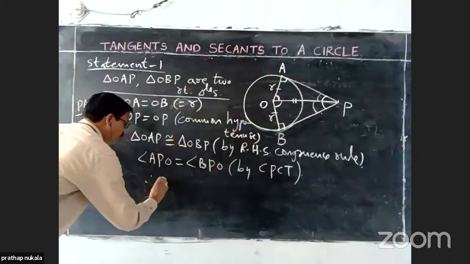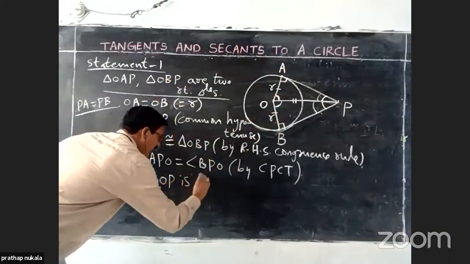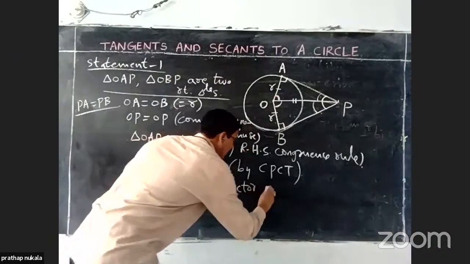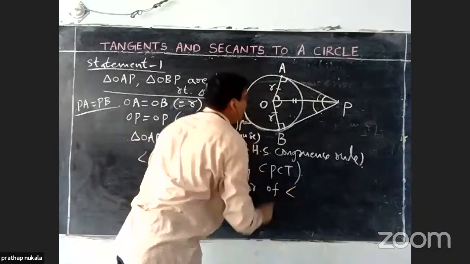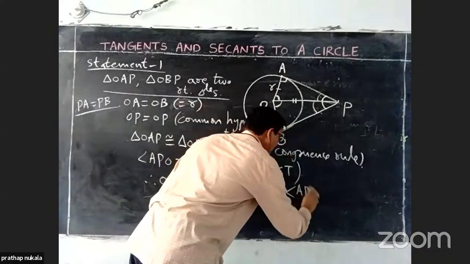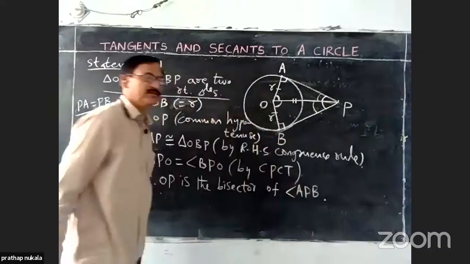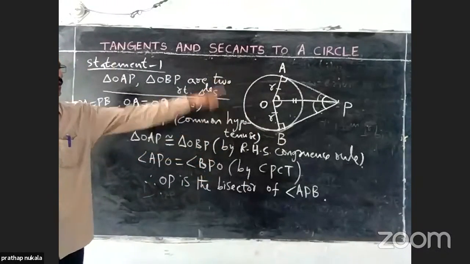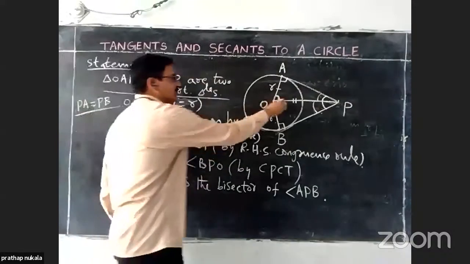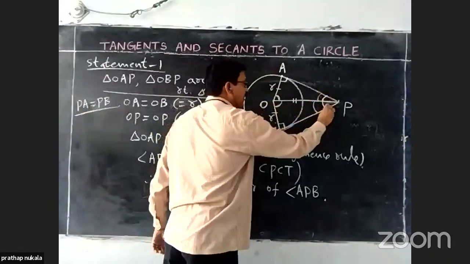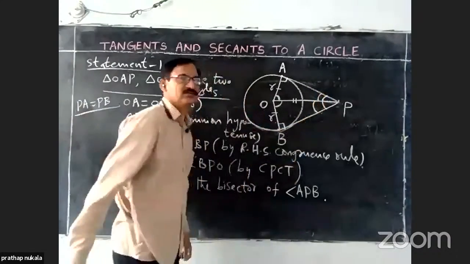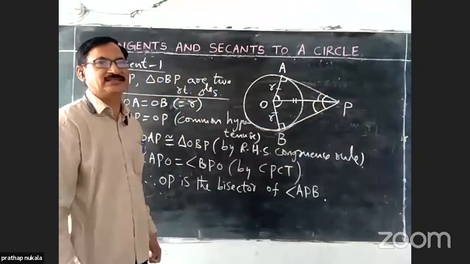Therefore OP is the bisector of angle APB, bisecting this angle into two equal halves.